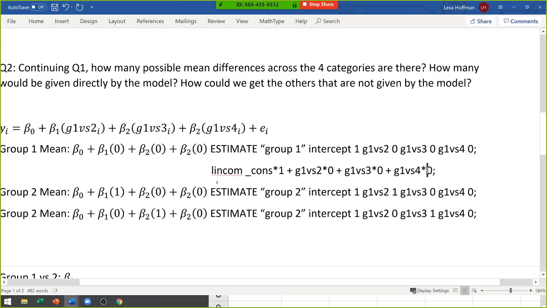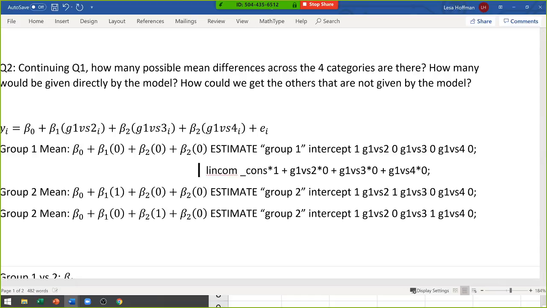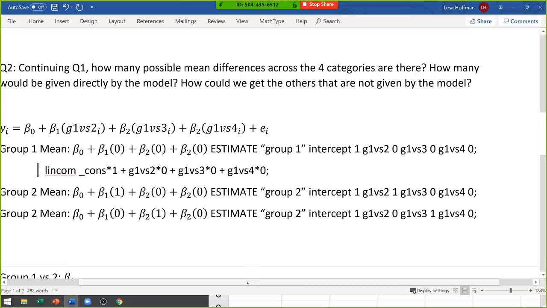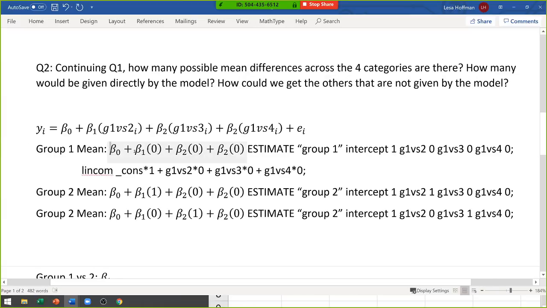So let me back this up a little bit here just to show the correspondence. So the equation for the mean itself, this thing right here, the way that Stata makes you write it is a lot more transparent. So the betas multiplied by the values literally happens in the lincom as well. And the plus signs that separate each of these things that are being added together to form a linear combination show up in the lincom as well.